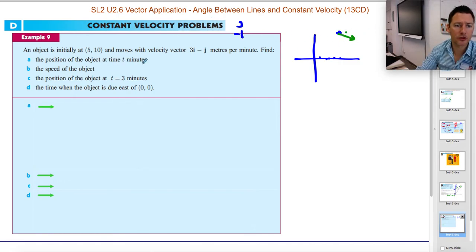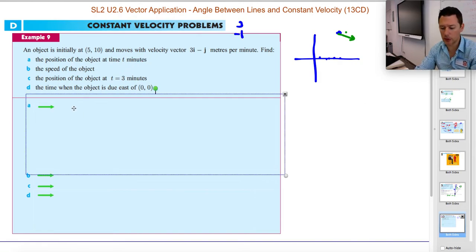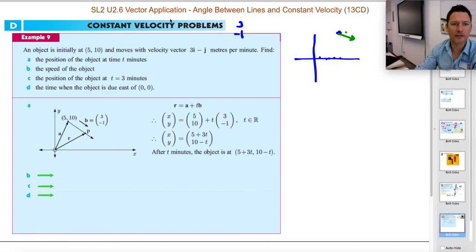All right, find the position of the object at time t. Well, that sounds like an equation to me because we don't know time t. I do know we want to make an equation, right? It's going to be in vector form. So the x and y positions are based on where you started, right? Which is the position vector, the initial position vector is 5, 10. Go over 5 and up 10, and that's where you start. And then every t, you move in this direction vector, right?